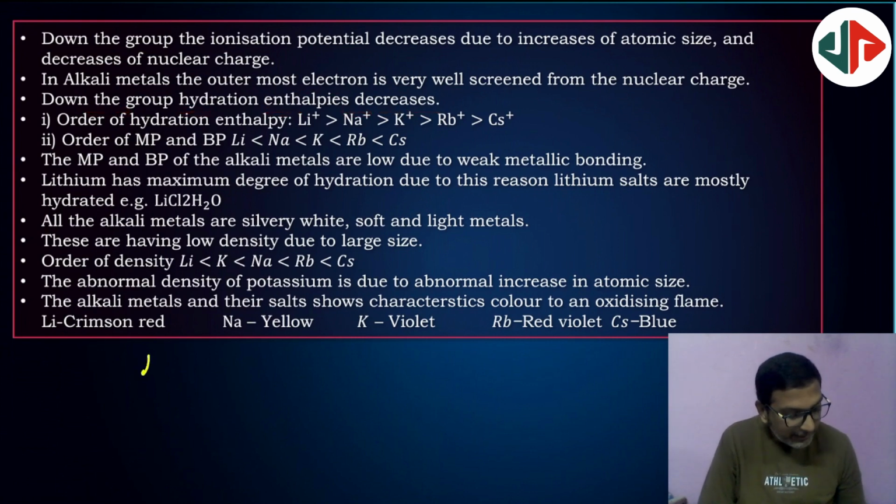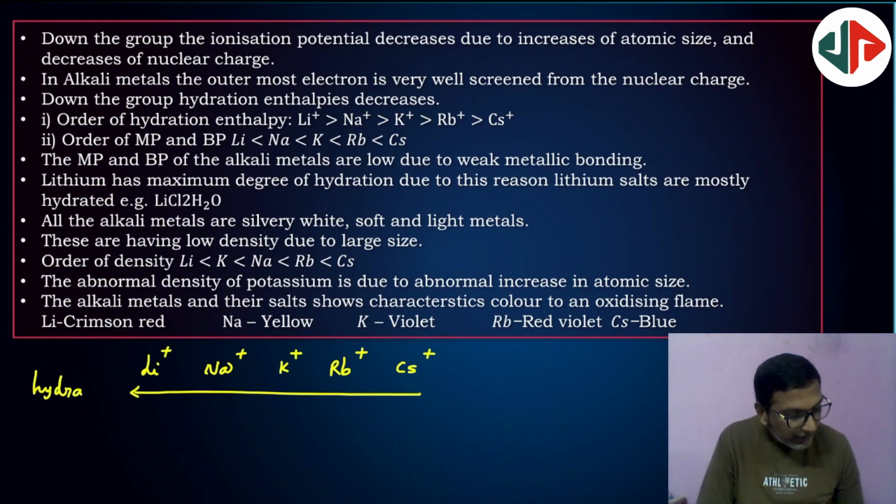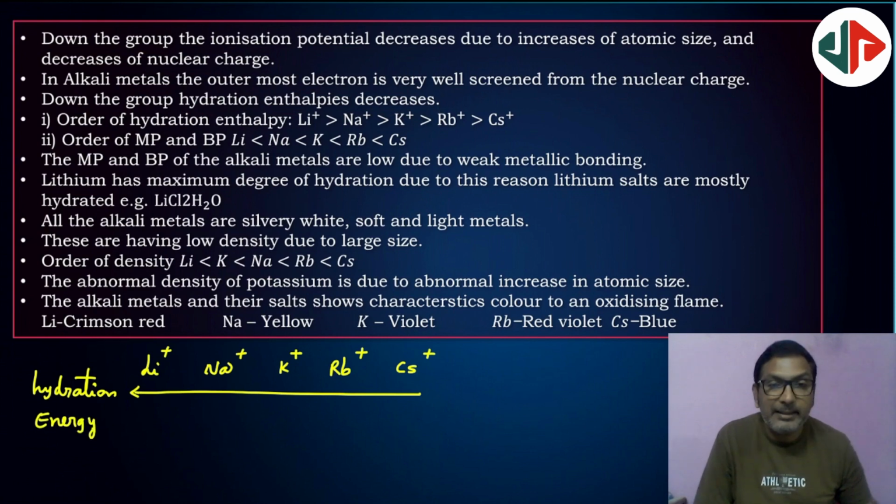If you take lithium, sodium, potassium, rubidium, cesium, francium (radioactive, leave that), that is Li plus, Na plus, K plus, Rb plus, Cs plus. From Cs plus to Li plus, hydration energy increases. Therefore, down the group, hydration energy decreases.